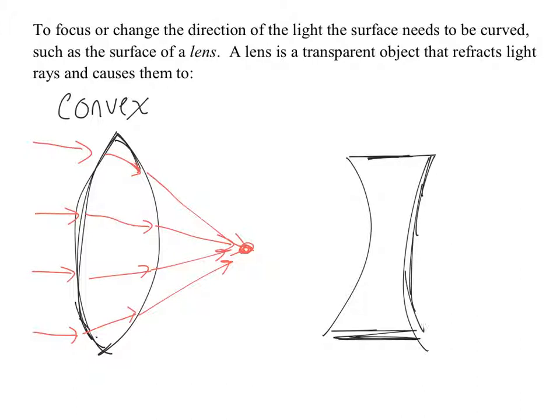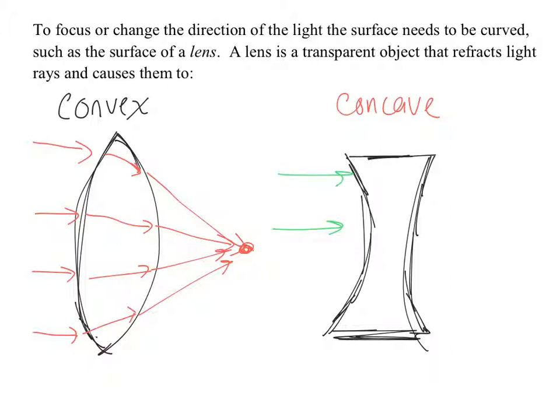How about the opposite of converge? We call this divergent. This is concave, and it diverges, or it's a diverging lens. The first one was a converging lens, the second one was a diverging lens. Things that diverge literally means separate, like many of you already mentioned.